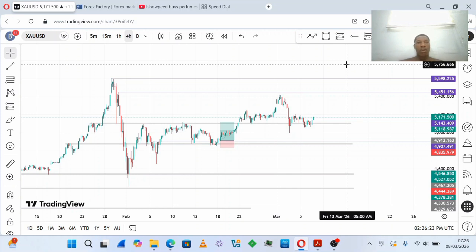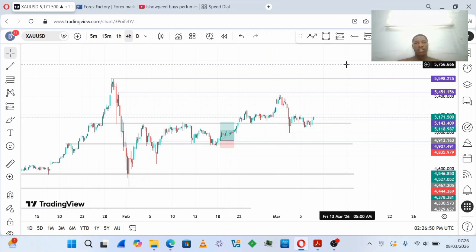I trade with 4 hours, which is where I identify my main trend, 1 hour for my current trend, and 15 minutes for entry. But most times I want to stick to the 4 hours and 1 hour time frames because as a swing trader I want to see the major information of where the market is going.